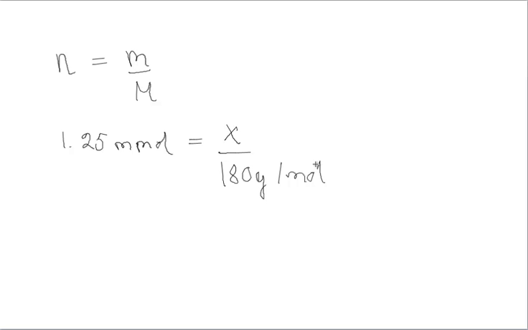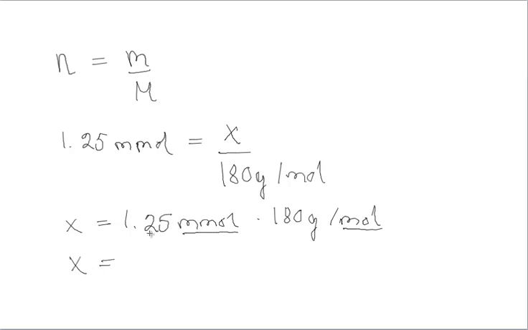And then X will be 1.25 millimole times 180 gram per mole. And now you see that we have the first in millimole and the second one in mole. We have to have the same unit, either millimole or mole, to get the correct answer.